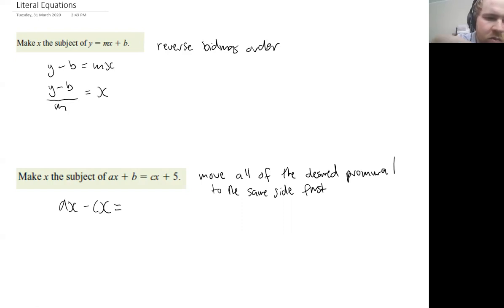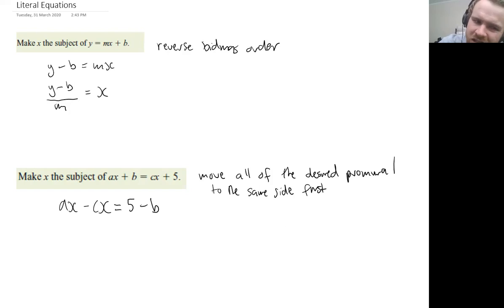So I'm left with, on my right-hand side, 5 minus b. So in this step, I've moved the b across to make it minus b to the right-hand side, and I've moved the cx across to make it minus cx. So now my x's are all on the same side, and I've got other things on the other side.